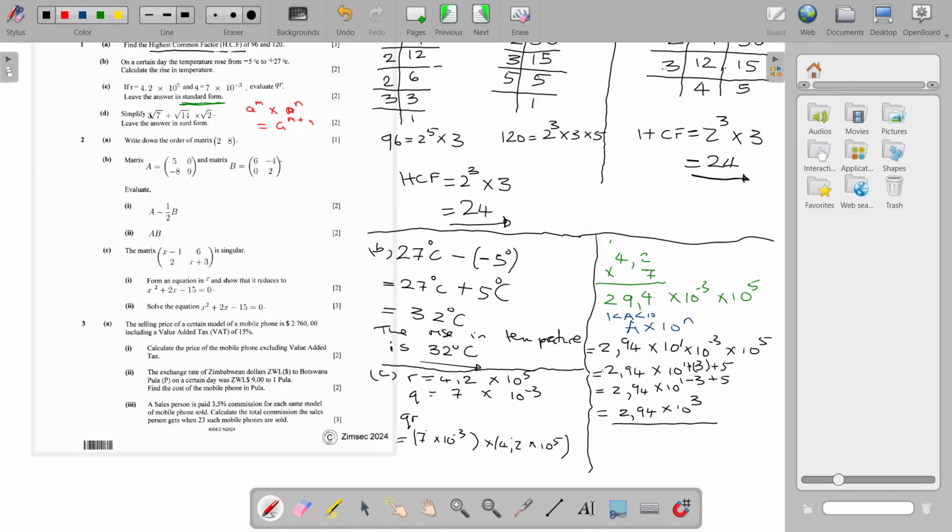So it's 2.94 multiplied by 10 to the power 3, which becomes our final answer.